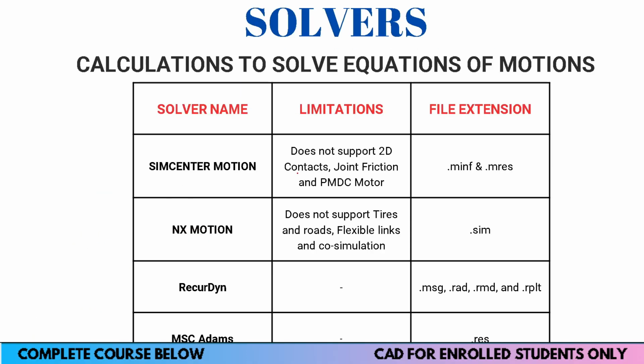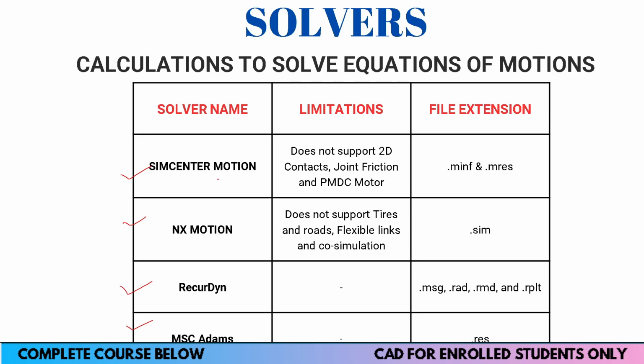Now, when you perform the simulation, you don't actually have to solve anything. Everything is done behind the screen using the solvers. What solver does is, solver solves some equation of motions and that contains force, torque, acceleration, displacement, etc. So there are four types of solver that you can see in NX simulation: SimCenter, NX Motion, Recordyn, and MSC Adams. I won't take much of your time here because we are going to simply use it by just selecting this, but still I'll give you some introduction.